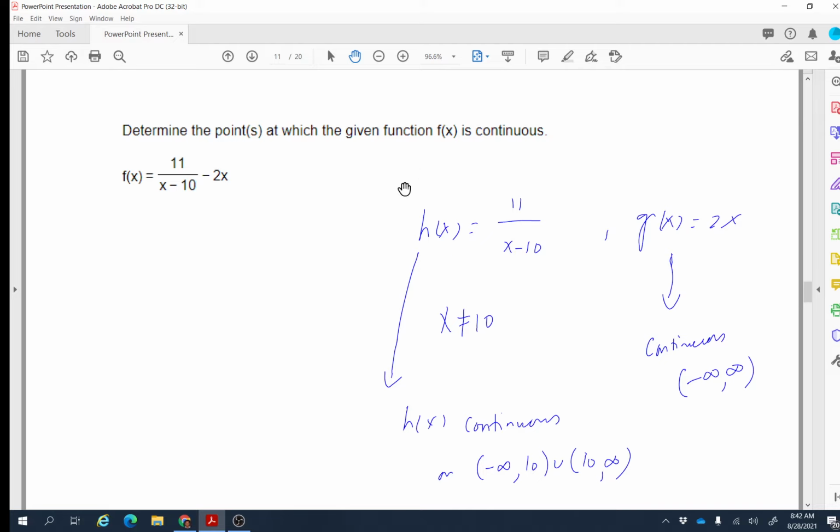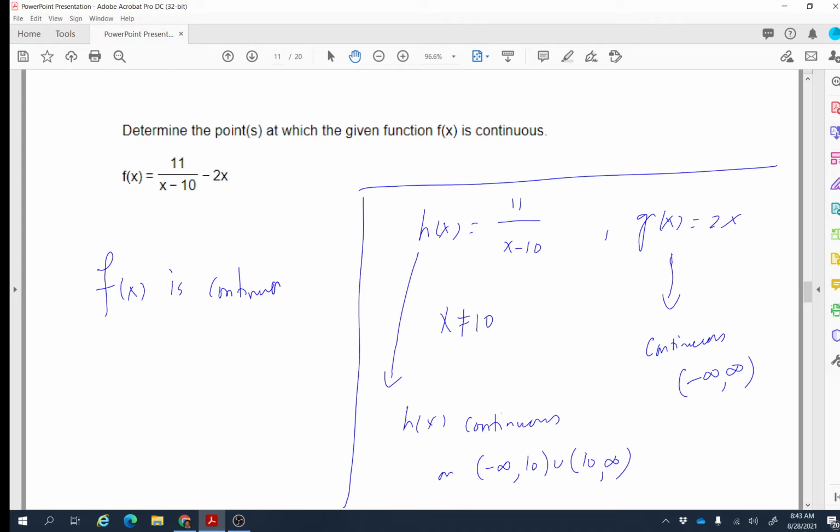This restriction coming from h of x should imply for the combination as well. So by looking at this, we can say that f of x is continuous everywhere except 10, or continuous on -infinity to 10, union 10 to infinity.